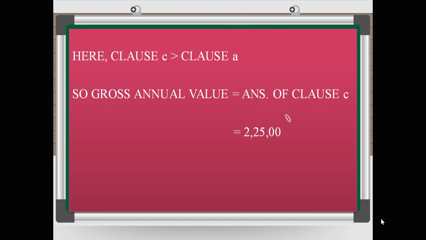Answer of clause C is 2,25,000 and that is our gross annual value for the let out flats. Calculation of gross annual value comes to the end. 2,25,000 is the gross annual value of all 4 flats which are let out.